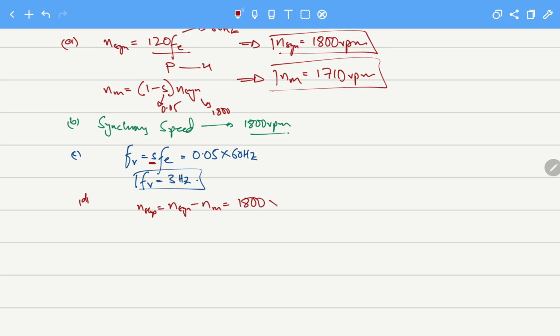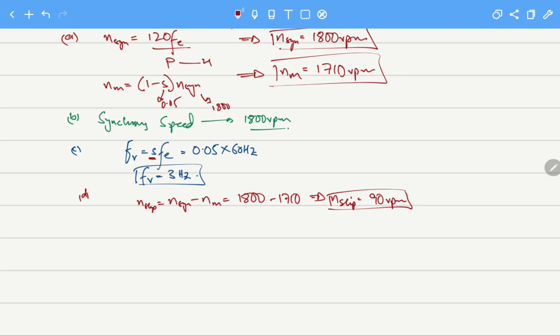So we have 1800 minus 1710, and the slip speed equals 90 RPM. This is one way we can calculate it, or we can also calculate that n slip equals s times n synchronous, and this will also give you 90 RPM.